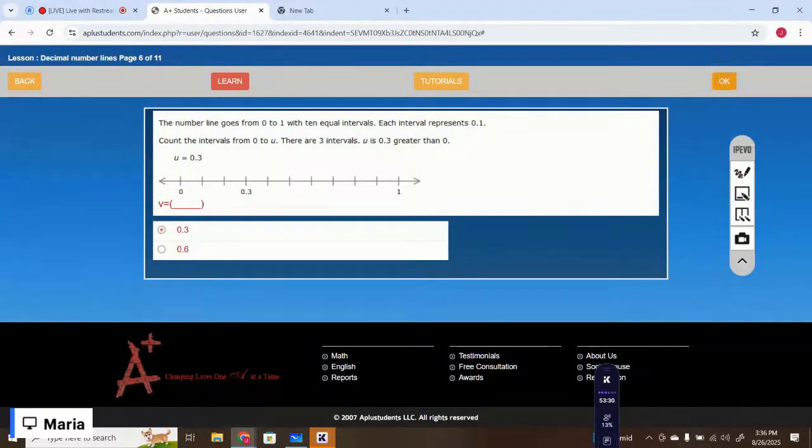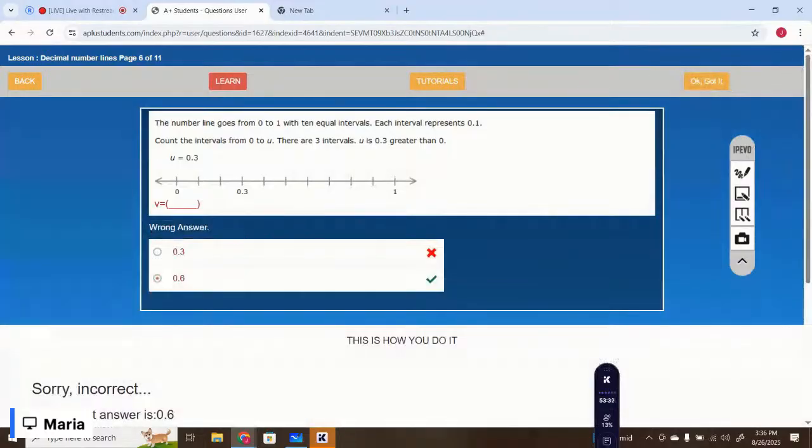Option number 1 is the correct option. 0.6.